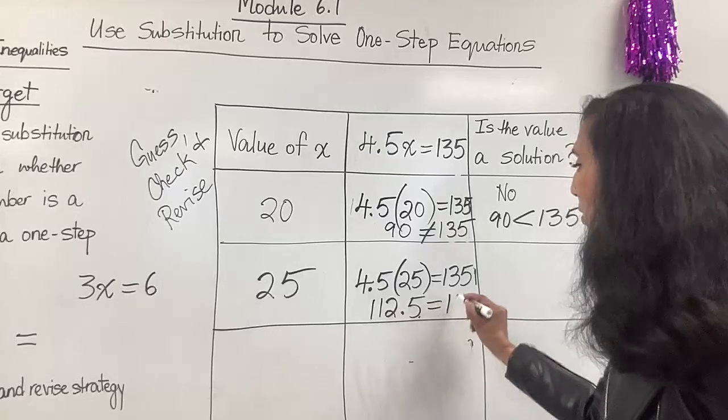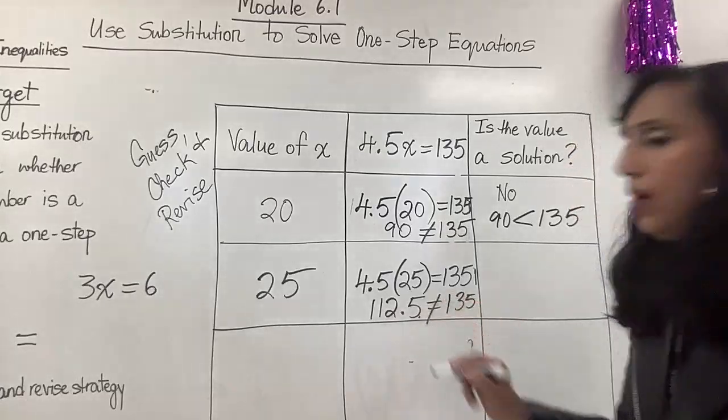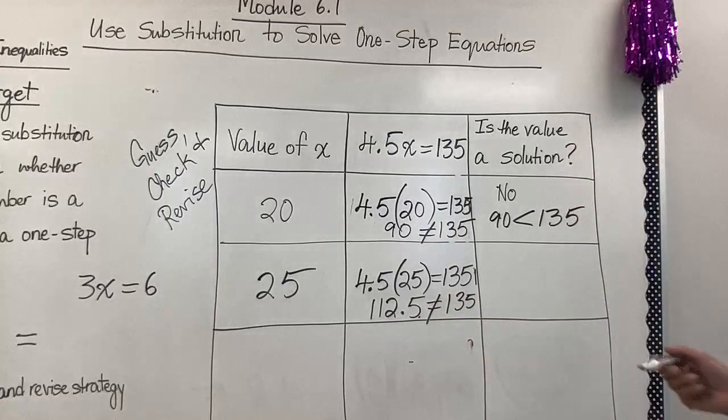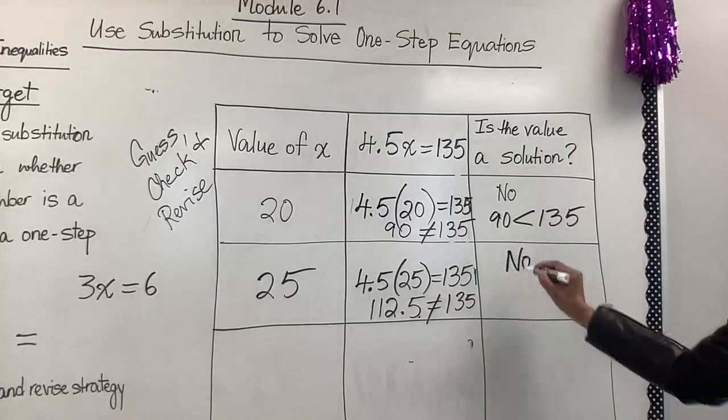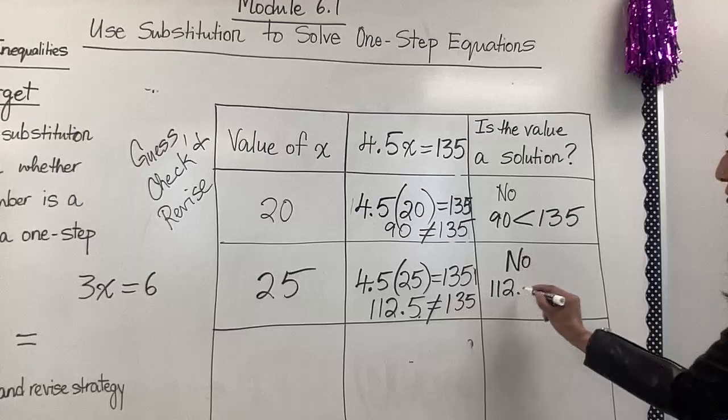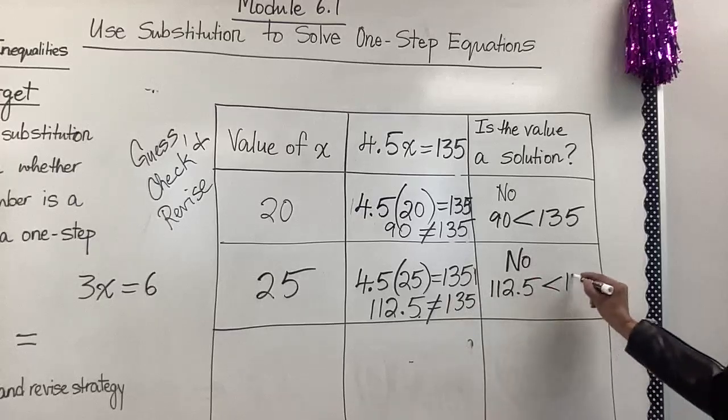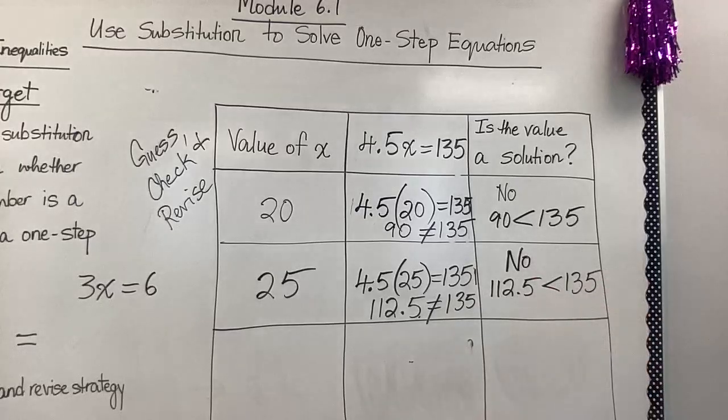Is that equal to 135? No, it isn't. All right. So once again, 112 and 5/10 is less than 135. It is not the same. So the value of x is too small. Again, we are going to try revising the number guessed.